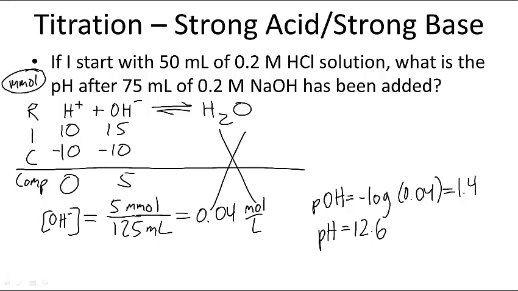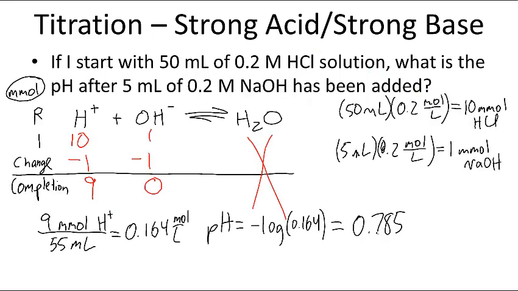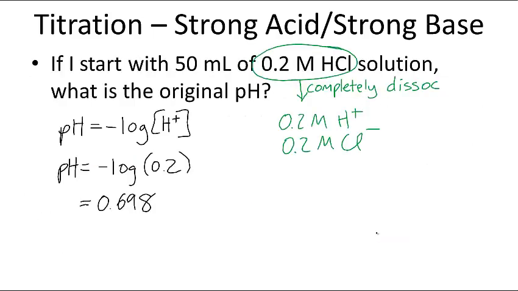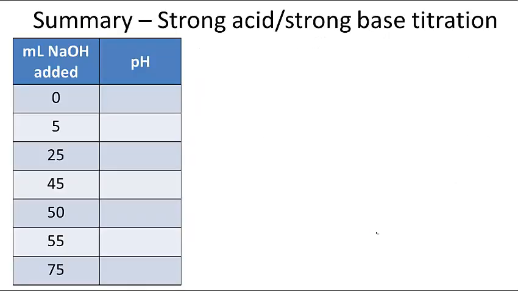All right, so let's summarize. Let's gather up our points. At the start of the titration, the pH was 0.7. So 0 milliliters added, pH was 0.7. After 5 milliliters, it was 0.79 essentially.